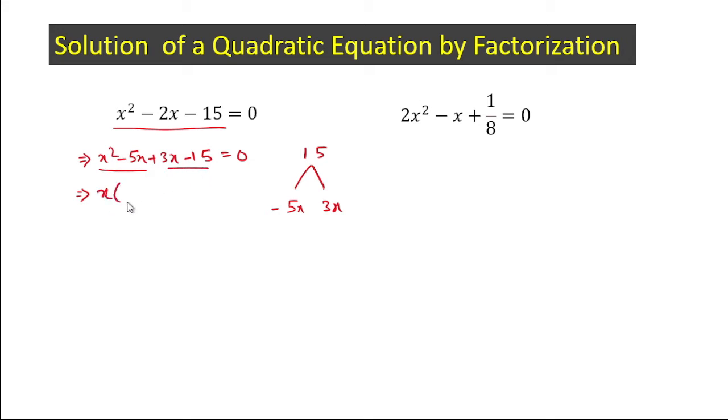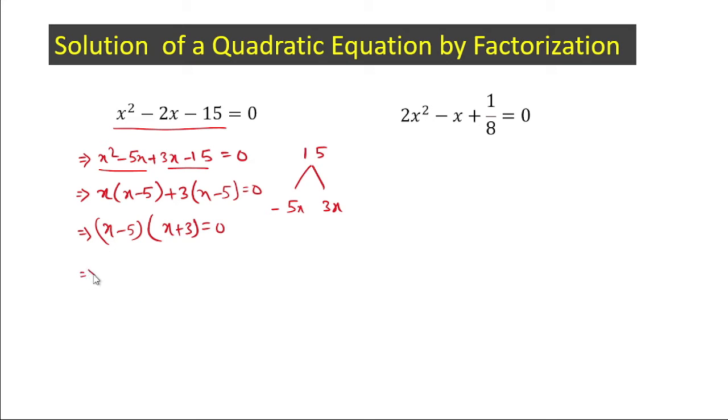Here x minus 5, here we'll take plus 3, and here x minus 5 is equal to 0. We'll now take common x minus 5 in the other bracket, x plus 3 is equal to 0.